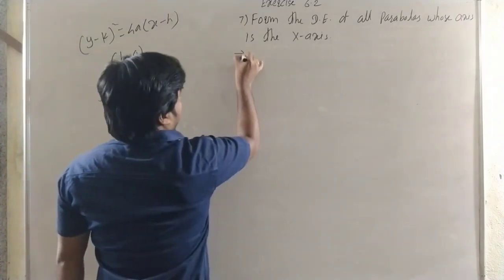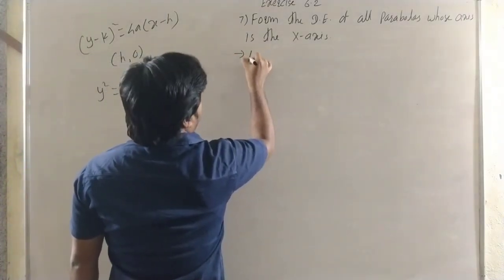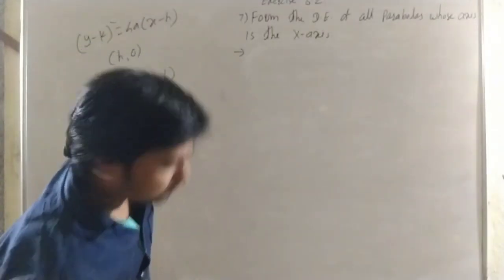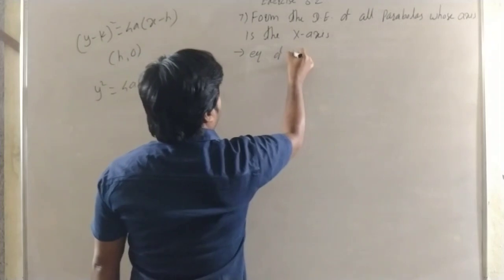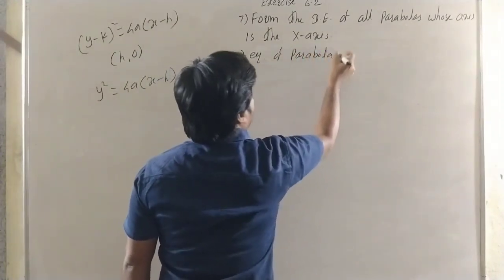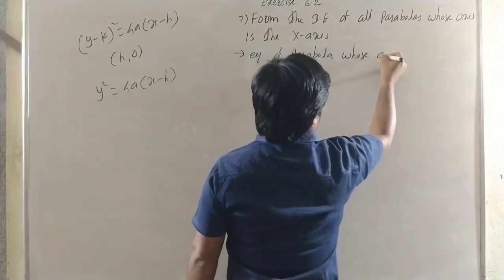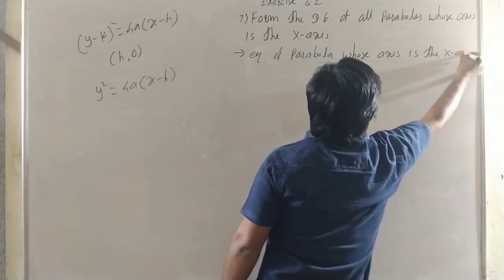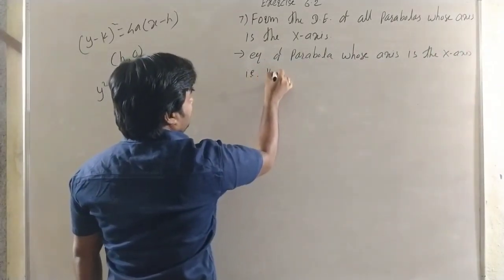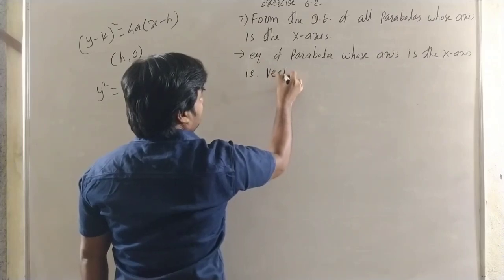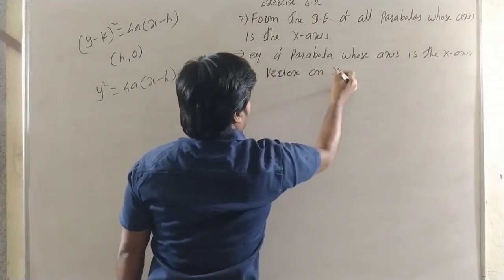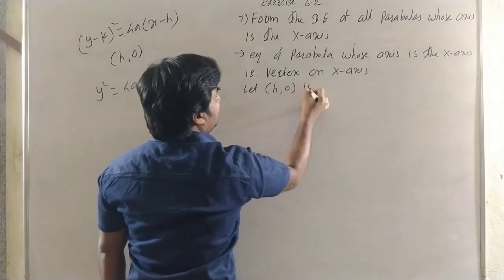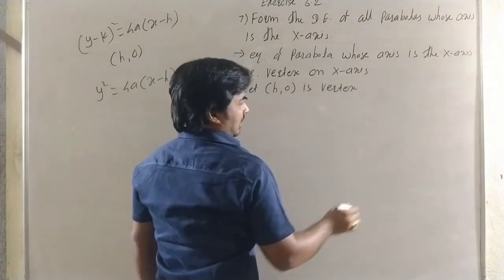Now we can write the equation of a parabola whose axis is the x-axis, that is, the vertex is on the x-axis. Let (h, 0) be the vertex.